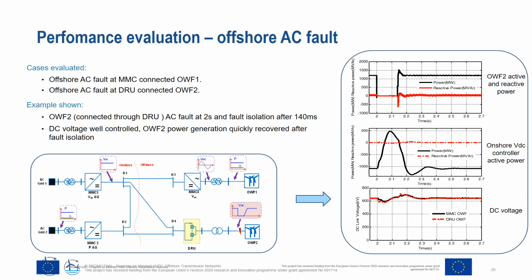As you can see here, after the fault isolation, the power generation from offshore wind farm 2 can be quickly recovered, and the system goes back to normal operation very quickly.